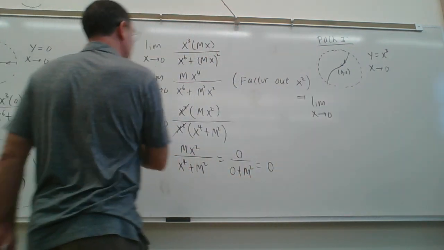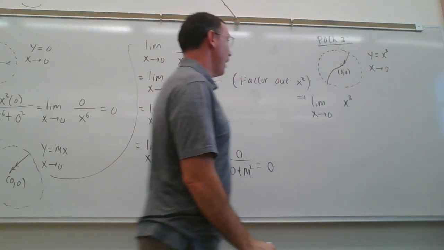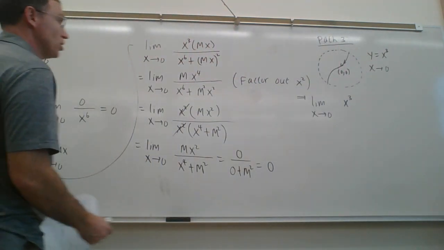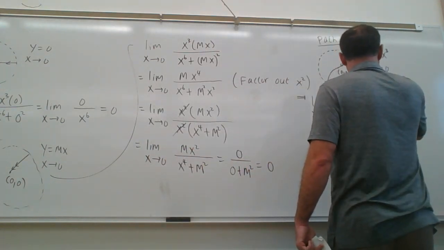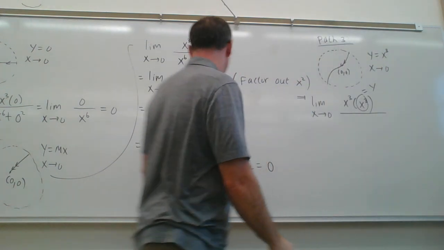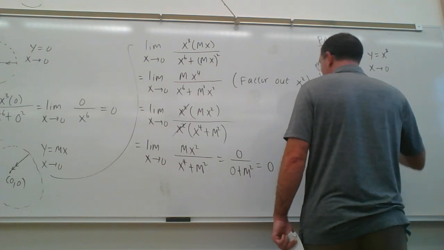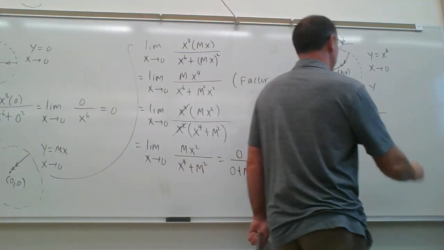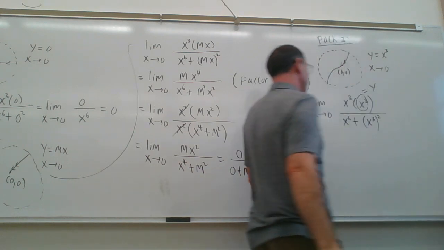So looking at the original function, it'll be x cubed times y, and y is x cubed also, over x to the 6th plus y squared, but y squared now is x cubed, so x cubed squared.